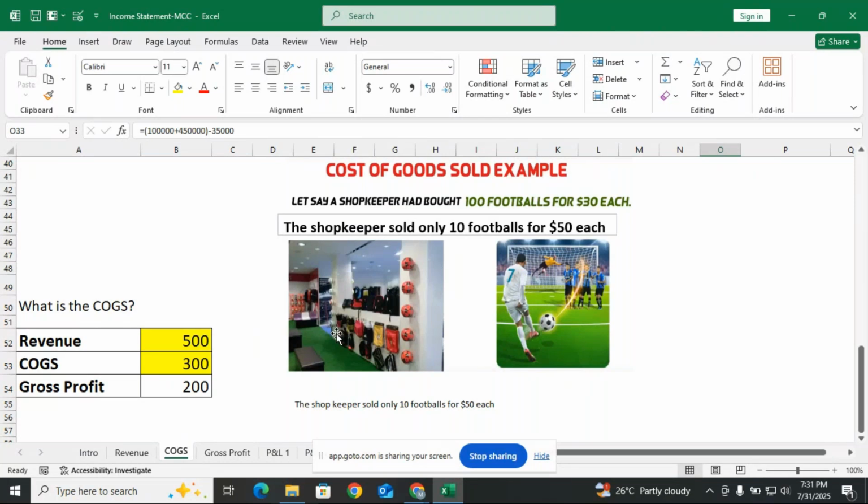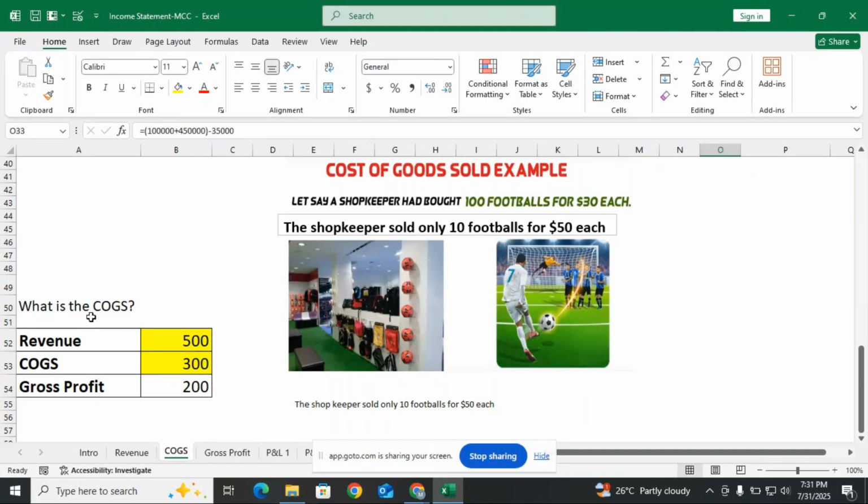So now, cost of goods sold, COGS. How many units have been sold? First of all, 10 units, 10 footballs, have been sold. Now for these 10 units, what was the cost incurred by the shopkeeper to procure those 10 footballs?